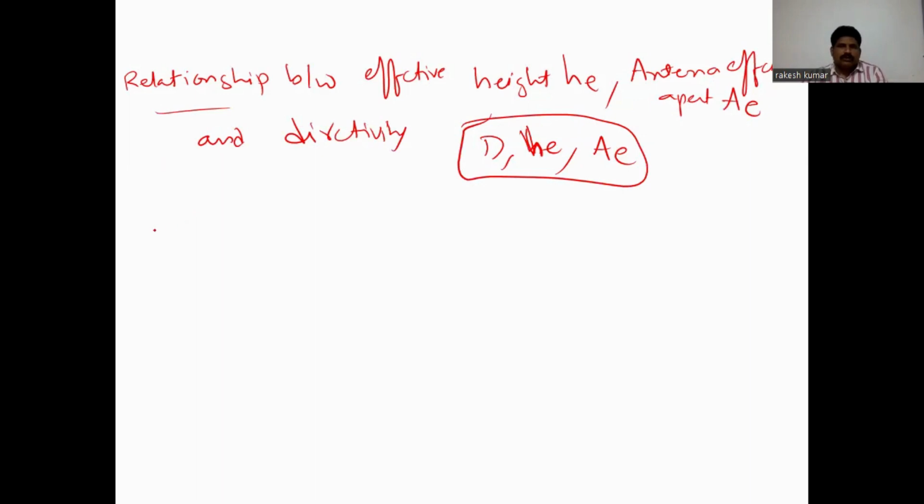We know that in the previous expression, the power received by an antenna is given as V_oc squared by 8 R_rad. This we derived while deriving the relationship between directivity and effective aperture area. What is the formula for the effective height?